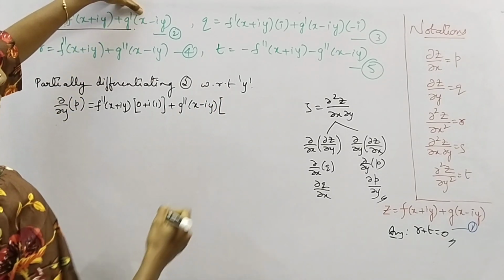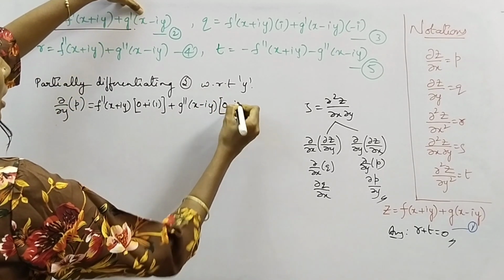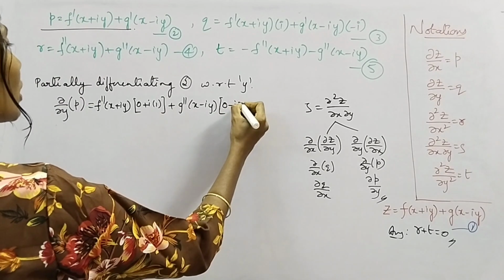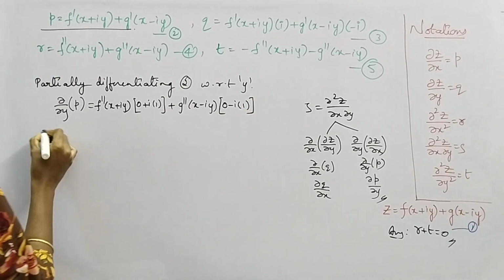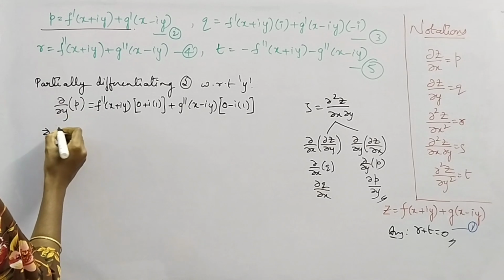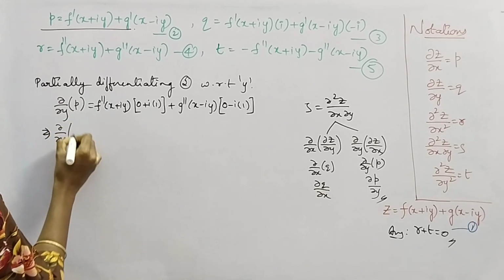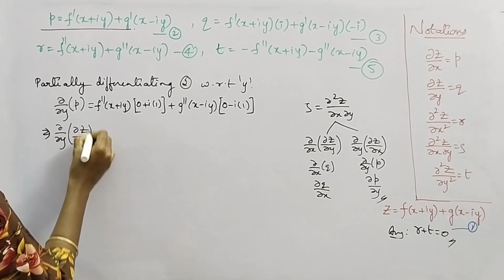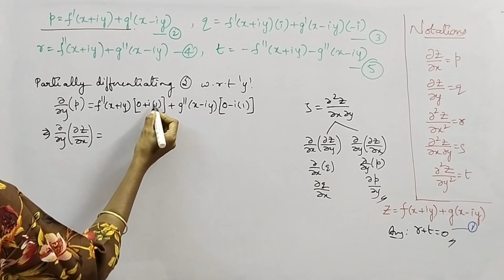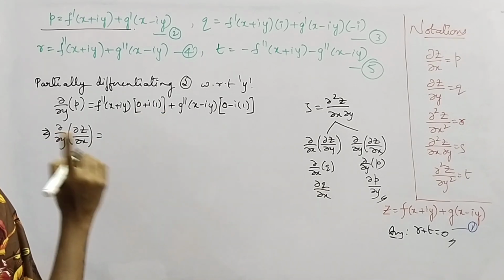Partial derivative of x with respect to y is 0, minus i into the partial derivative of y with respect to y, which is 1. Right? This gives us dou p by dou y, equal to i into 1, i plus 0 is i.